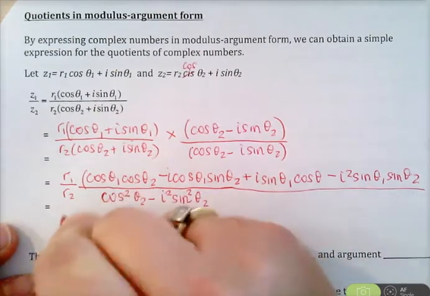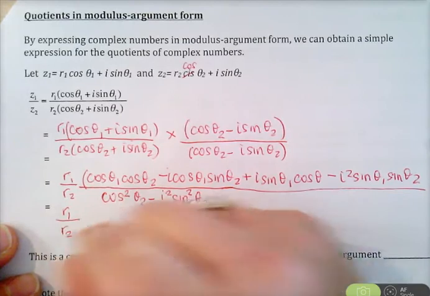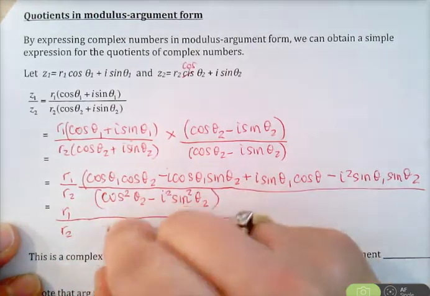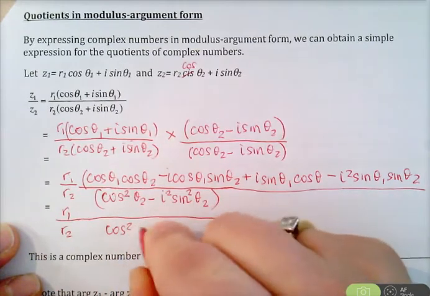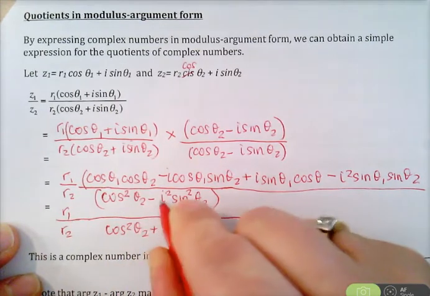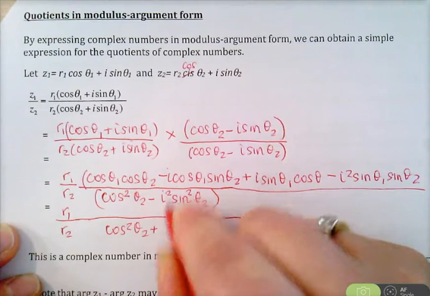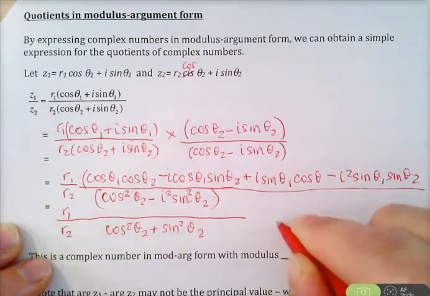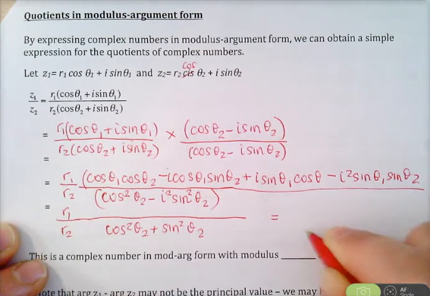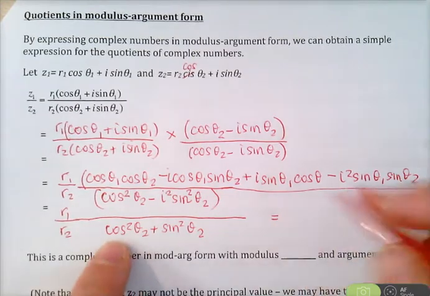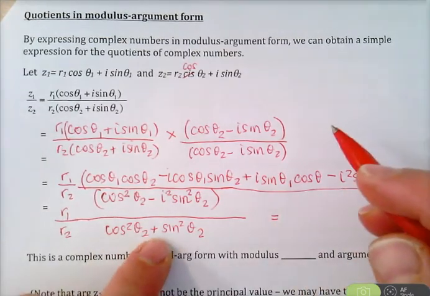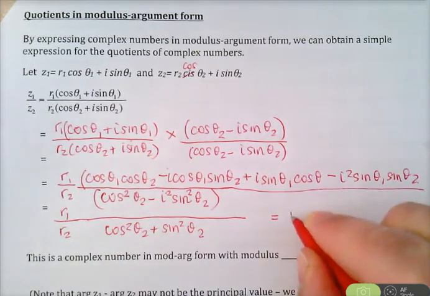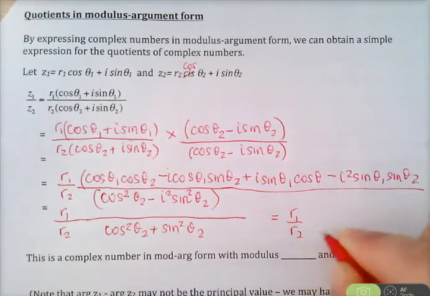Now, here we've got r1 over r2. With our denominator here, we'll end up with cos squared theta 2 minus negative 1, which is plus sine squared theta 2. Now we know that that denominator is equal to 1 because that's a form of cos squared theta plus sine squared theta. So we'll still have the r1 on r2.